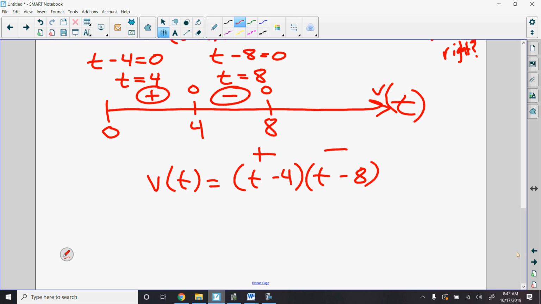So I'm going to test 10. 10 minus 4 I know is a positive number. 10 minus 8 is now a positive number. So I'm going to switch that minus to a plus. And a positive times a positive is always positive. So from 8 all the way out to infinity, my velocity is always 100% going to be positive.